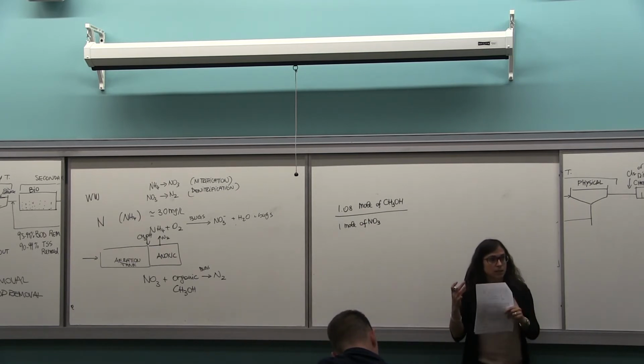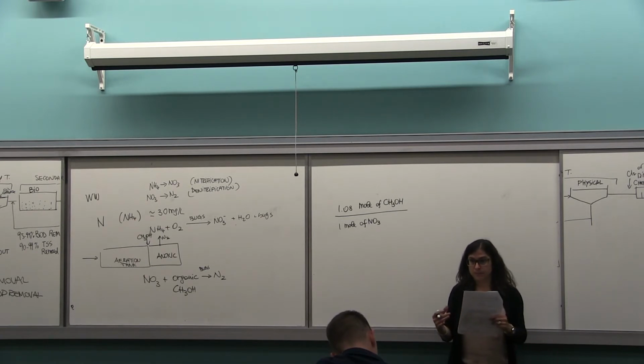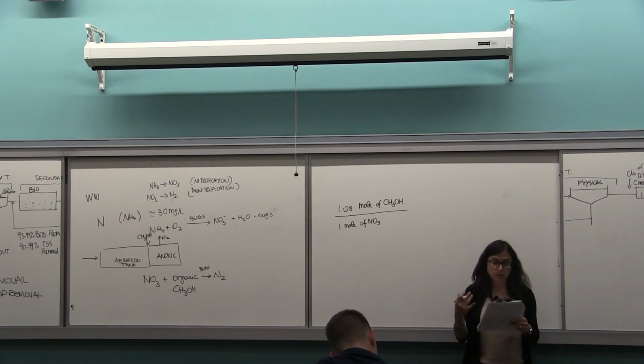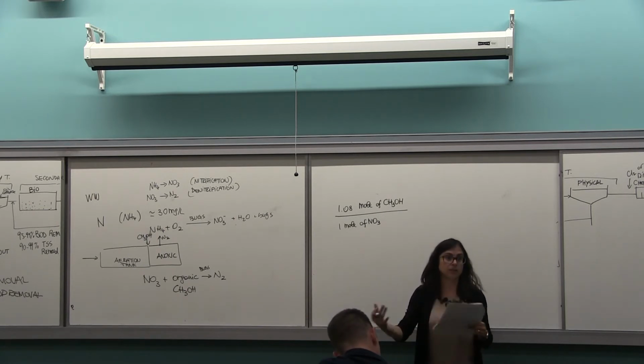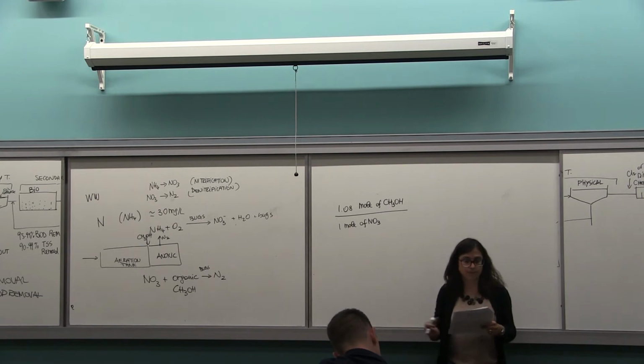That's what that stoichiometry reaction is telling me. I need 1 mole of methanol for each mole of nitrate that I need to reduce to nitrogen gas.